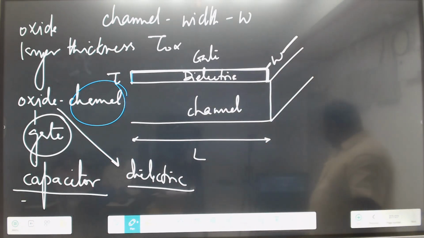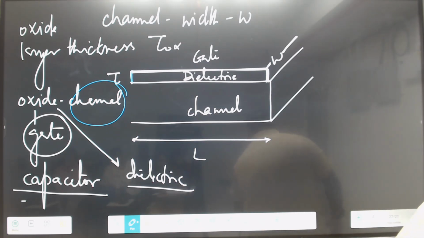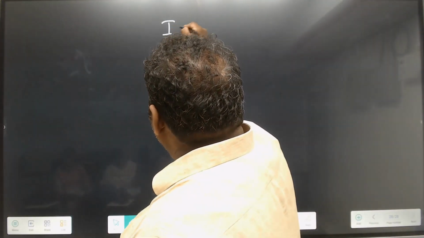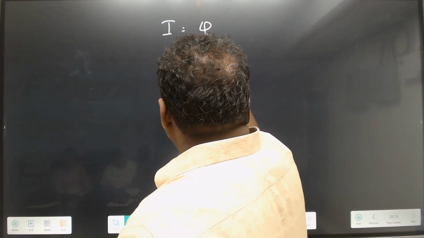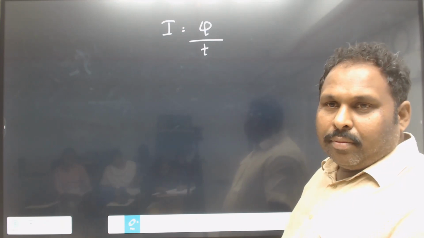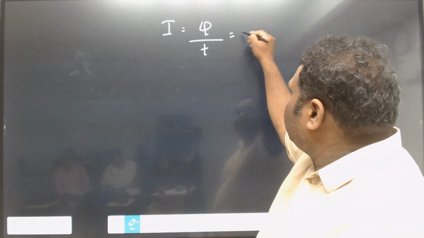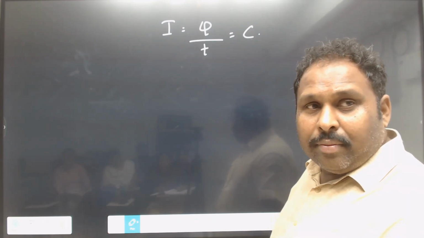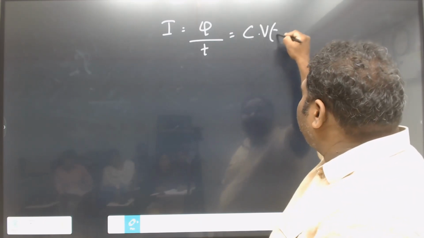What is the expression for the current I? The current I is equal to Q by T. What should be the Q here? Q is the capacitance C into the voltage V that you are applying, which is different at different x values.